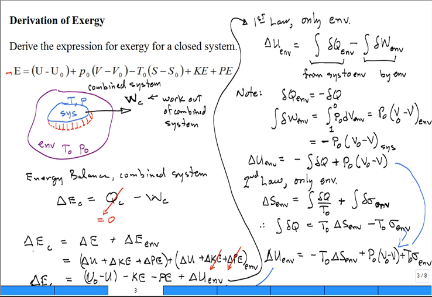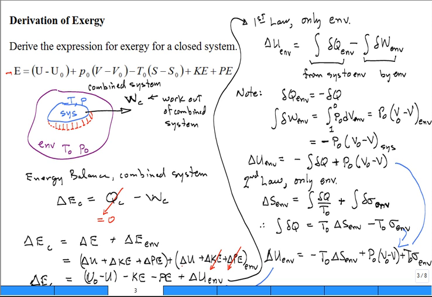So here's an expression for the change in the energy of the combined system when you expand: the energy of the system plus the energy of the environment. But it doesn't make sense to have the kinetic energy of the environment. It's lethargic. It's just a big system that has a temperature T0 and pressure P0. So we strike those two terms.